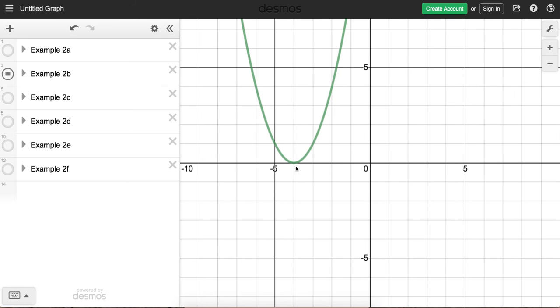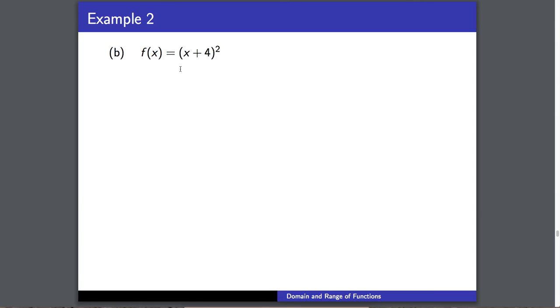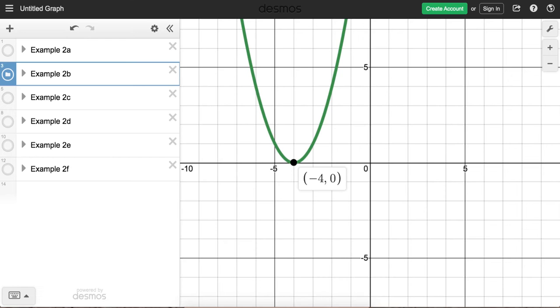As a matter of fact, our lowest point on our graph has a y value of 0, and every other point on our graph, like this point has a y coordinate of 1 or 4.182 here, every other y coordinate is either 0 or higher. So for this one, our domain was all real numbers, but our range is going to be y values that are greater than or equal to 0. So again, we'll use the graph to really help us out. Again, don't forget that with range, you're looking at the y coordinate, not the x coordinate.